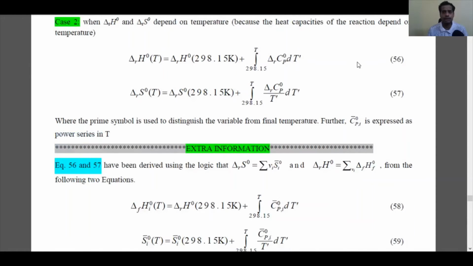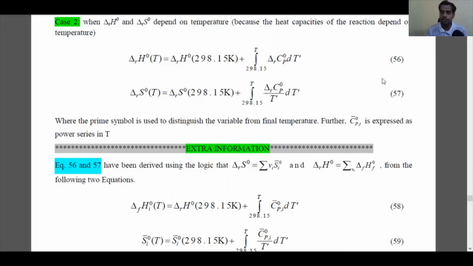Again, what are equation 56 and 57? Equation 56 shows the relationship of reaction enthalpy at standard state at any desired temperature. We are taking a case when the reaction enthalpy and reaction entropy are dependent upon temperature.